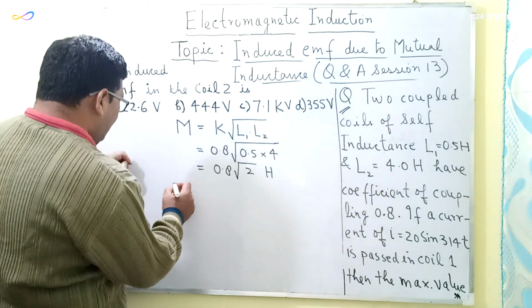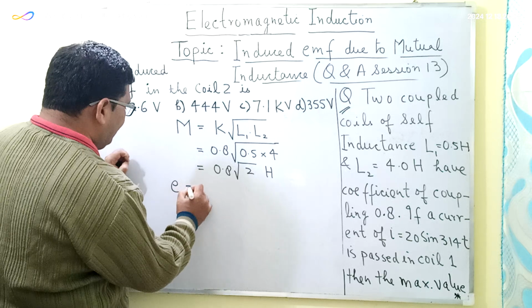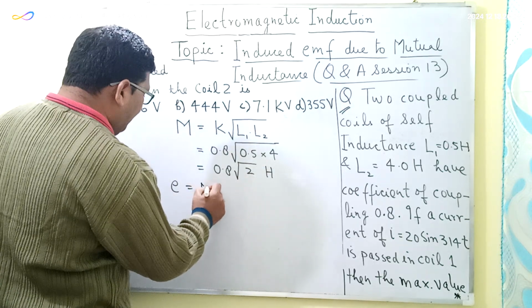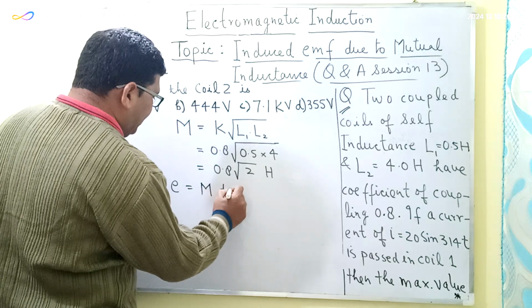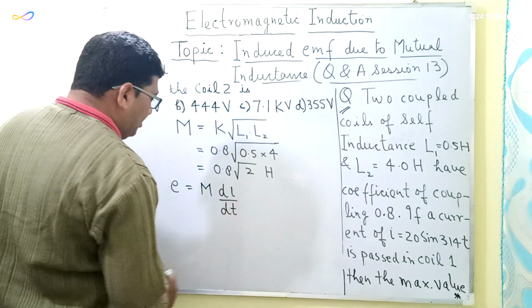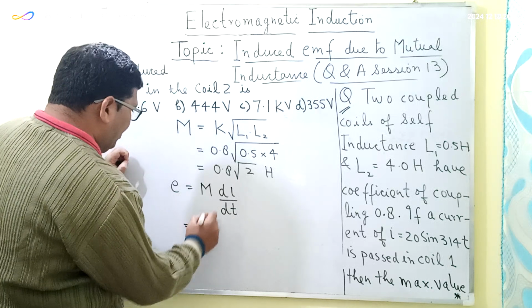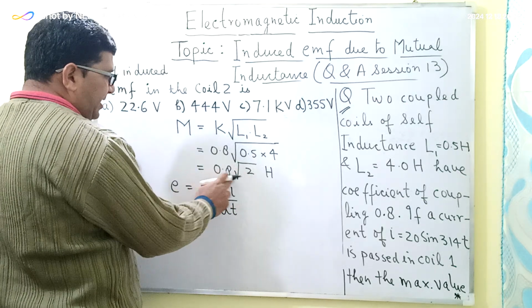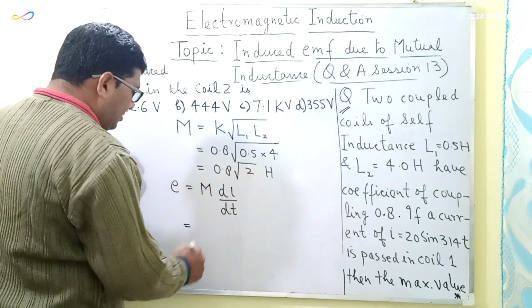The formula for the induced EMF, as we have learned in session number 12, is equal to M di upon dt. The value of M, that is the mutual inductance, is equal to 0.8 into root 2 Henry.